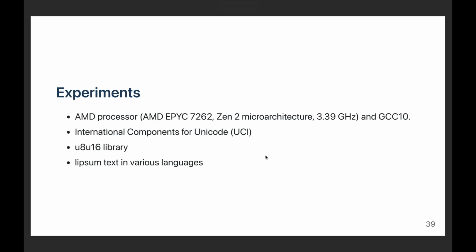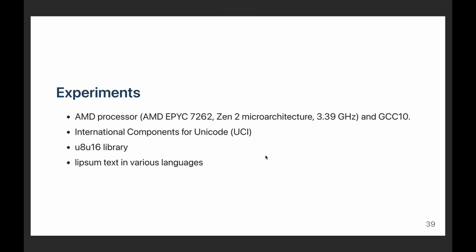Our full paper has detailed experiments, but for this presentation, I will focus on simple results using one AMD server. Note that our full paper has results on ARM-based systems as well, so it would work on your iPhone. We compare our results against the u8u16 library.